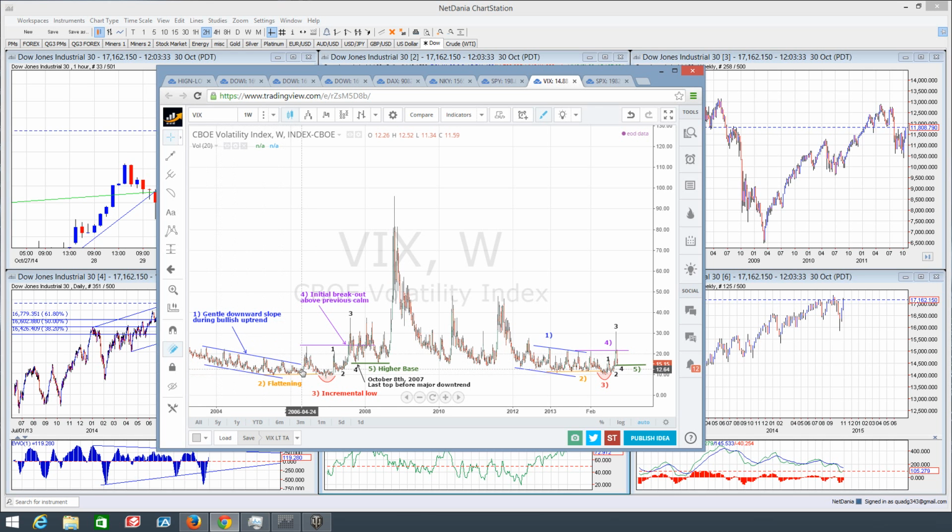So we see our first signs of negative divergence between the S&P 500 and the VIX. And right about here, we see our first initial spike, and then an incremental low below the flattening portion into stage 3.